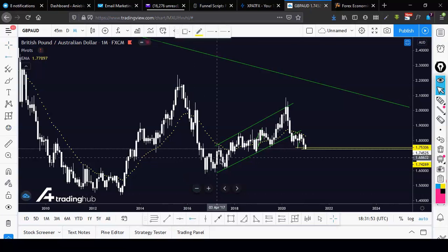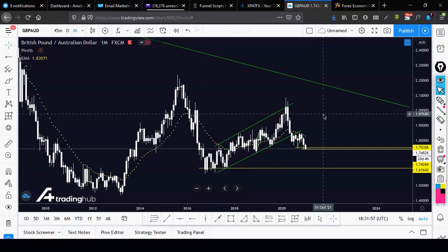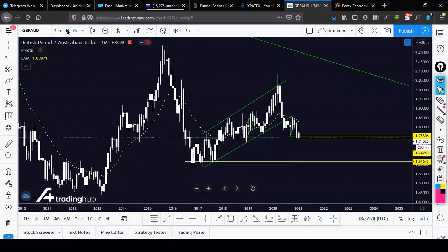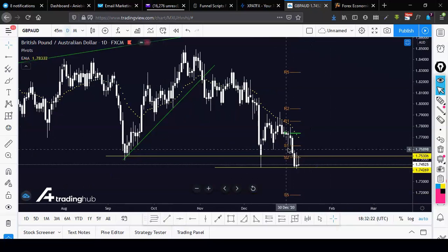As the entry zone, and this is my final TP zone here. So if you want to sell pound dollar, your final TP should come in at 1.6164 zone. Then find your entry between 1.7530 and 1.7426 zone. That is where you should find your entry within that level.